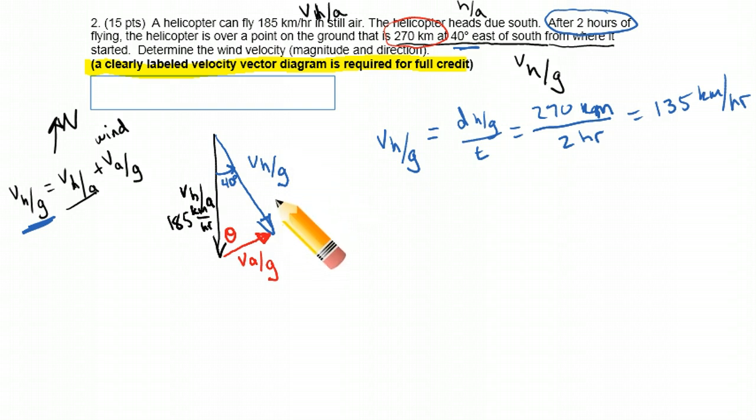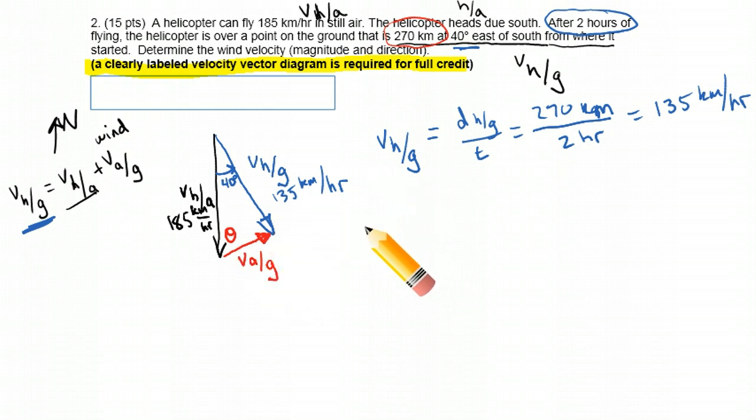Alright, so now we know two sides of the triangle, 135 kilometers per hour. We need to find both the red magnitude and the angle in here. So I would probably use law of cosines to find this red vector first.